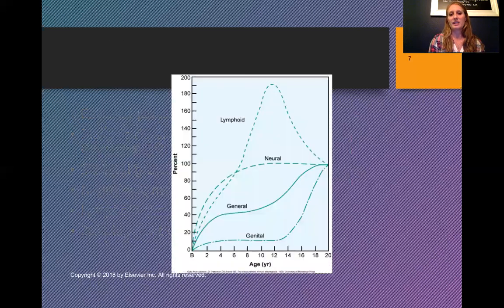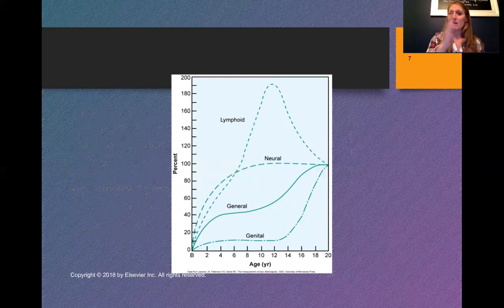We're going to take a look at this curve here because this really shows, it's a great visual, about how the different systems grow and at the rate that they grow. And look at the lymphoid system. It peaks at about age 10 to 12, and it's almost 200% of the adult lymph system.